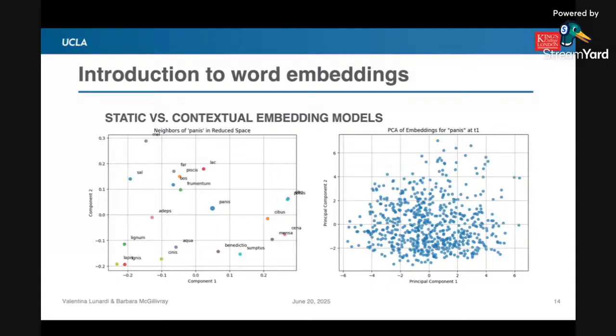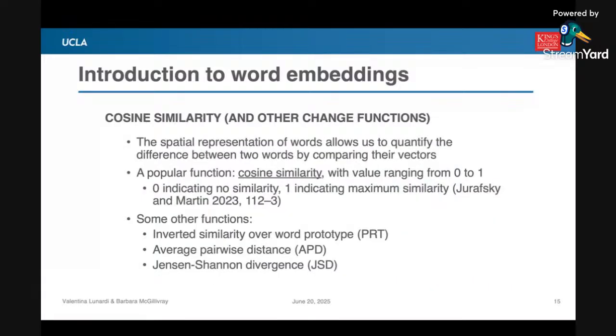But on the right, you see instead a plot of all of the embeddings for all of the instances of this word, which I've just isolated. There are no other words represented there, it's just the one. So you get lots of vectors for it.